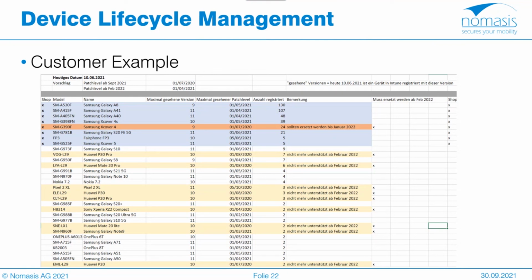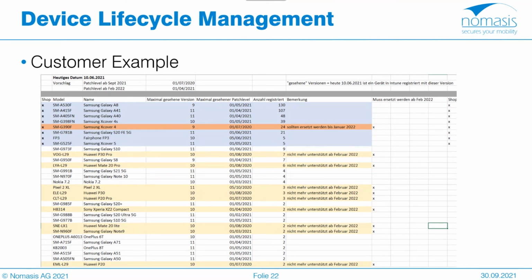So in the end, you have to check that you don't inactivate the whole fleet of yours by defining a patch level that is too high. In the end, you also have to keep the patch level fairly recent just for security reasons. This is also something we can help with to analyze which settings would make sense in your environment.